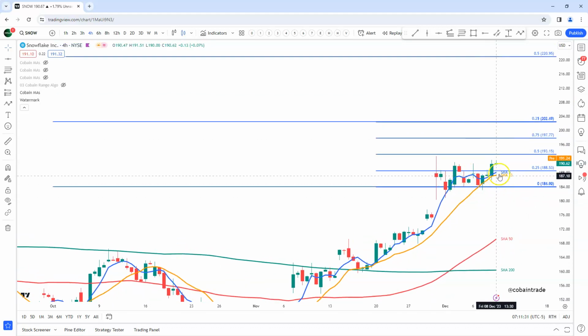So really what we should be doing is looking for long opportunities to clear the 193 first of all, and then find our way to the 0.25, which is 202.